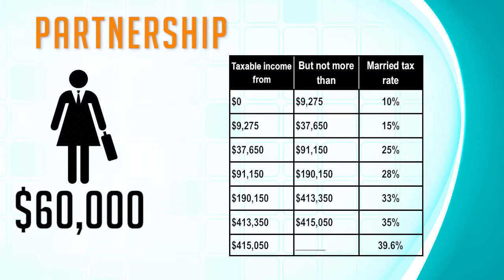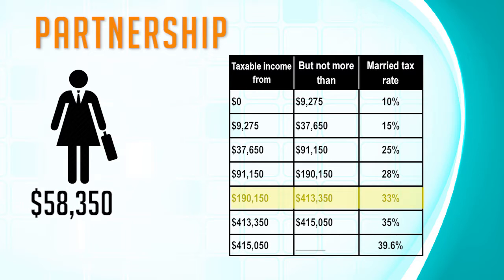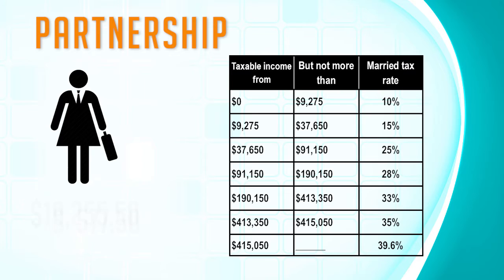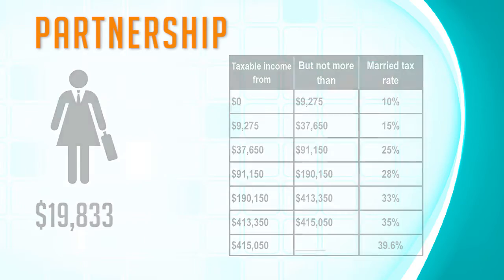So the $60,000 from the business income gets treated as follows. The first $58,350 is taxed at 33%. The remaining $1,650 is taxed at 35%, totaling Jill's tax at $19,833.